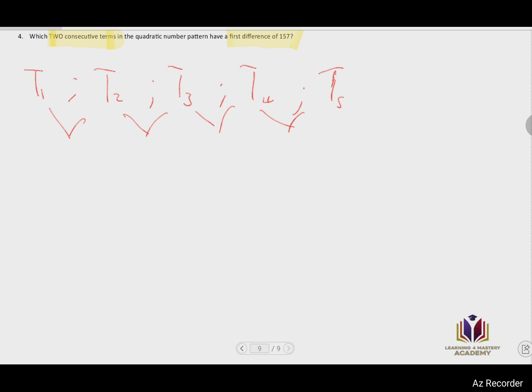So when we subtract T2 by T1, what do we get? We get, okay, let me use capital letter, we get T1 of the first difference. Remember, this is the quadratic. The second difference is an arithmetic.